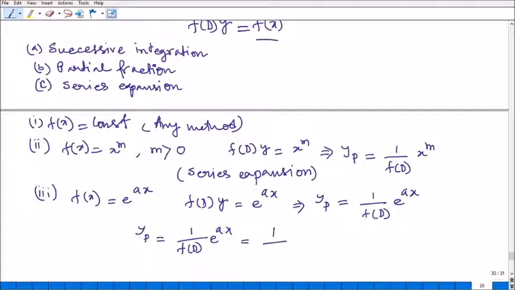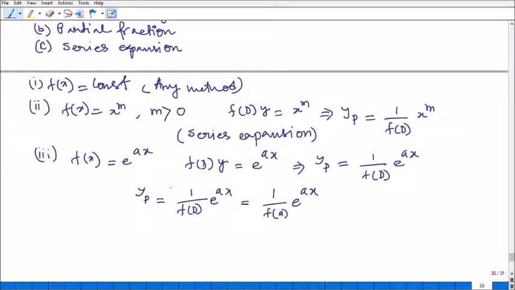So that is 1 by f of a e to the power ax. So this is the formula. We write as equation 1.